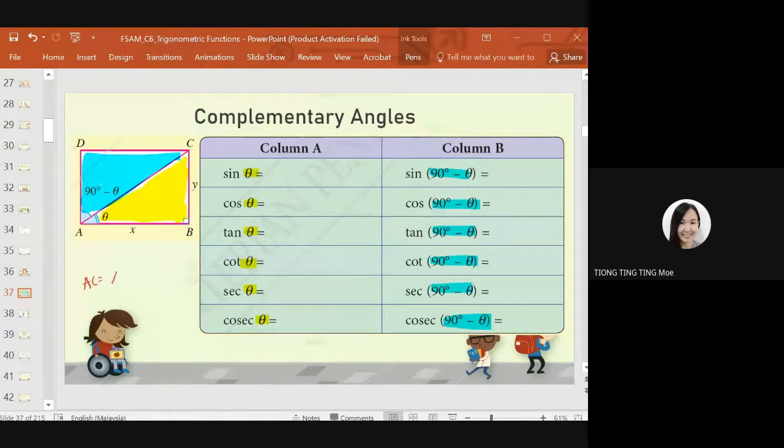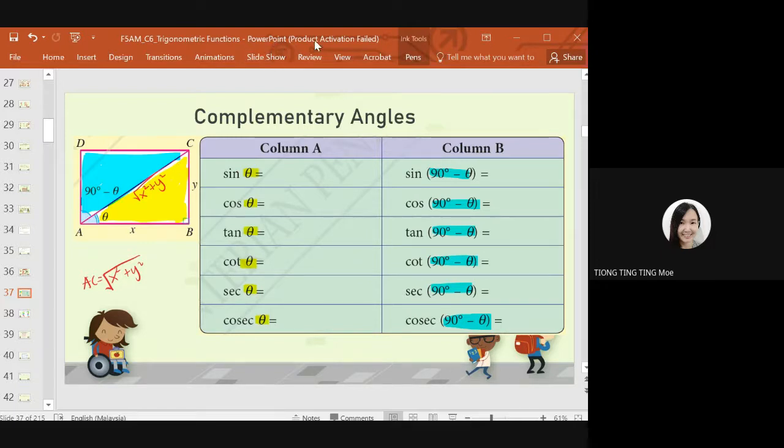AC is the square root of x squared plus y squared, using the Pythagoras theorem. Correct or not? Everyone knows this one, because this is the Pythagoras hypotenuse. Okay, so far?